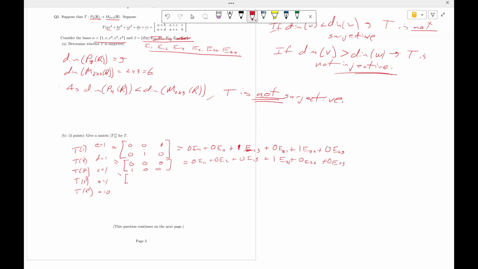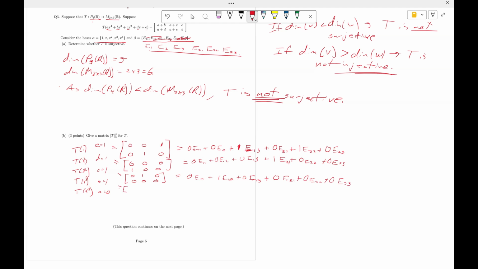C being 1 gives us 0, 1, 0, 0, 0, 0, which gives us 0 e11 plus 1 e12 plus 0 e13 plus 0 e21 plus 0 e22 plus 0 e23.